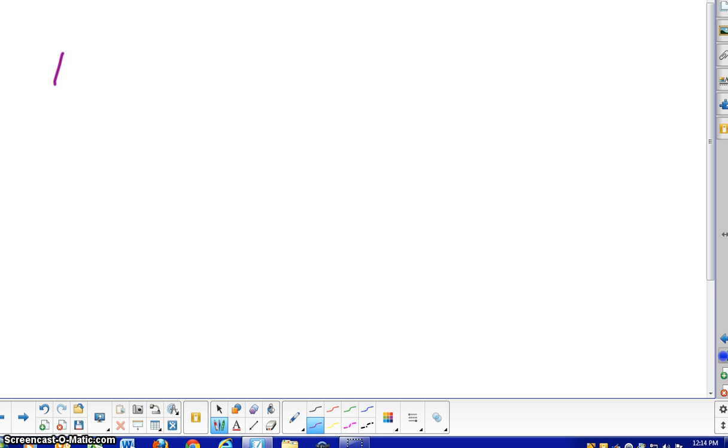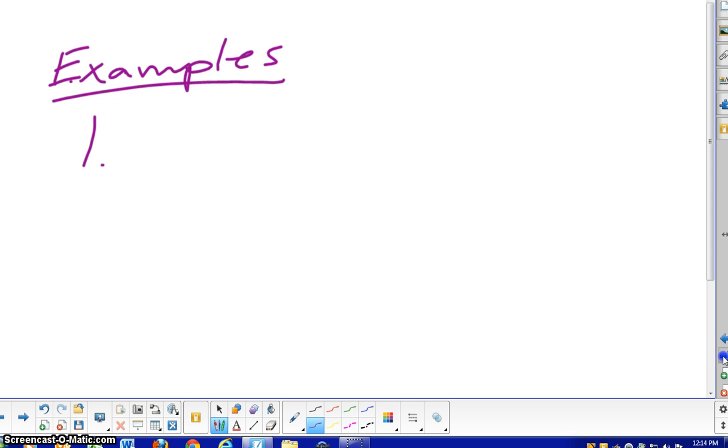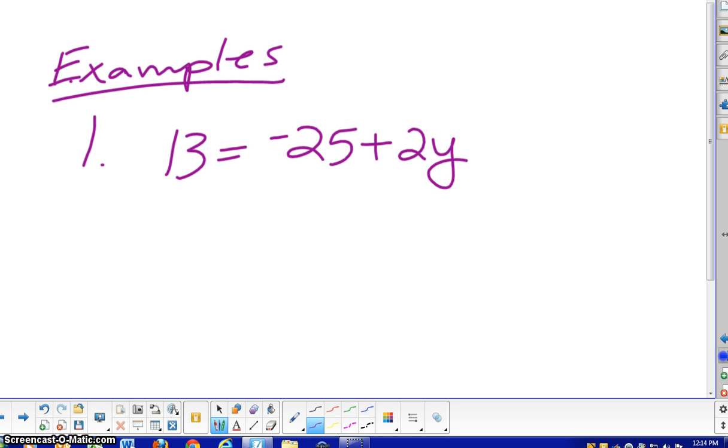Let's start with the first one: 13 equals negative 25 plus 2y. We have to add or subtract first, and as you can see, there is a negative 25, so we're going to add 25 to both sides.